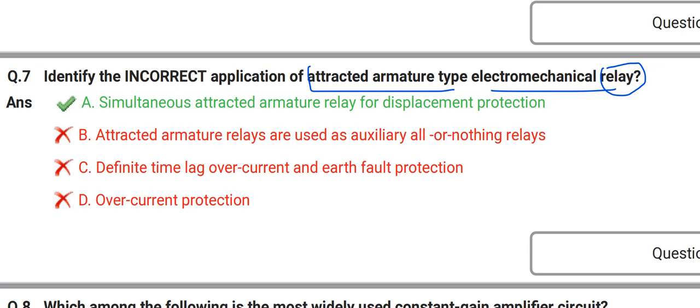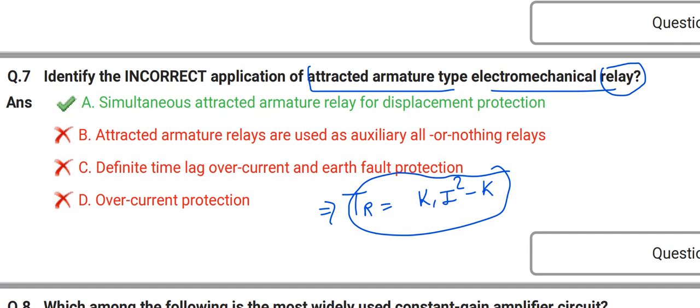Auxiliary relays, definite time lag overcurrent and earth fault protection we can use for these things. Overcurrent protection, yes. They can ask the question of the formula for the attraction type electromagnetic relay, then Tr equals k1 I squared minus k2. This formula is important. They can also ask for the operating torque, whose formula is 1/4 dL/dx into I squared.